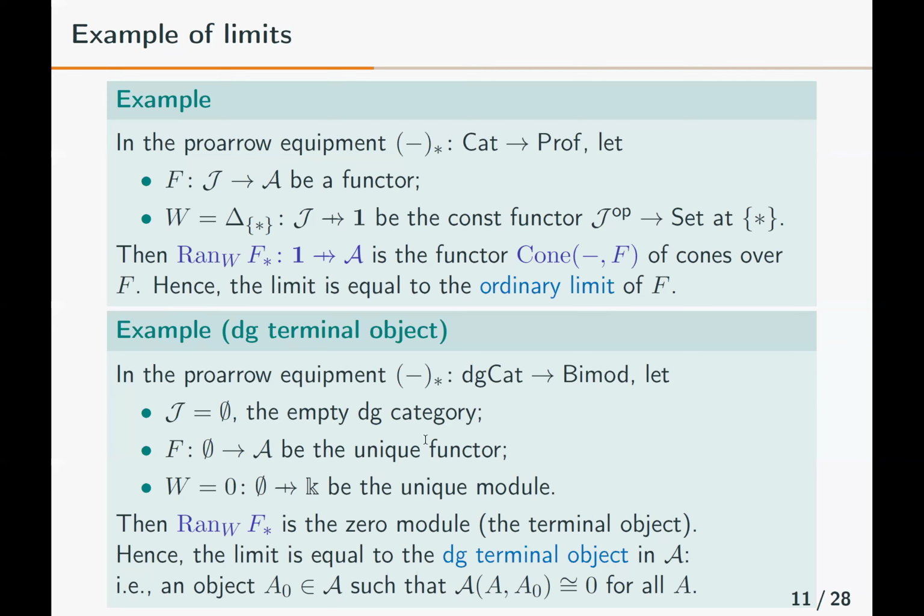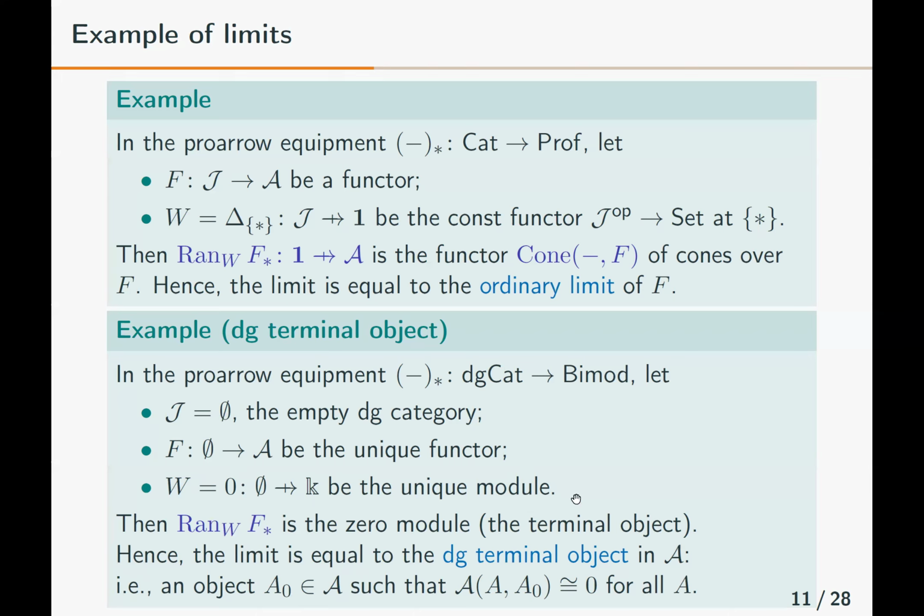In the proarrow equipment of DG categories, take the unique DG functor F from the empty category, and let W be the unique DG module.